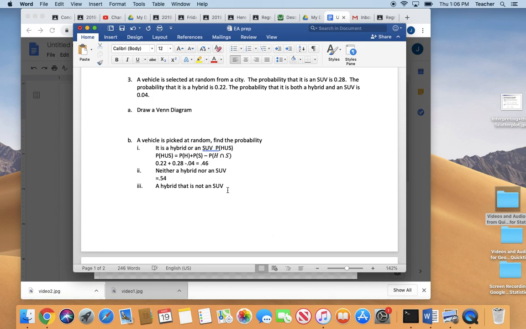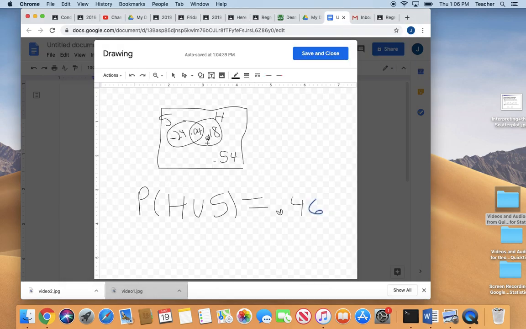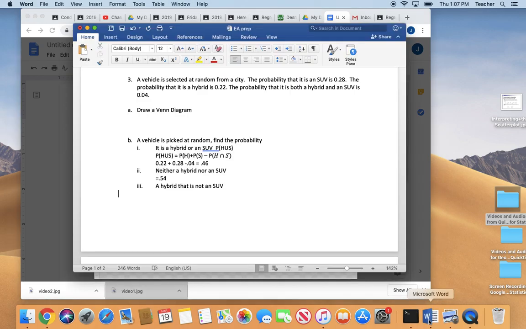And then a hybrid that is not an SUV. So again, I'm going to look at my Venn diagram. So I want a hybrid that's not an SUV. So everything inside this circle is a hybrid, but the people inside here, they're also part of the SUV group. So a hybrid that's not an SUV would just be this 0.18 right there. So the answer there would be 0.18, okay?